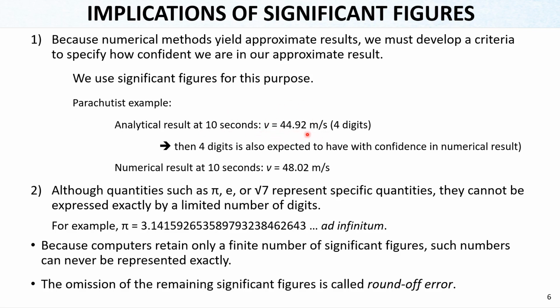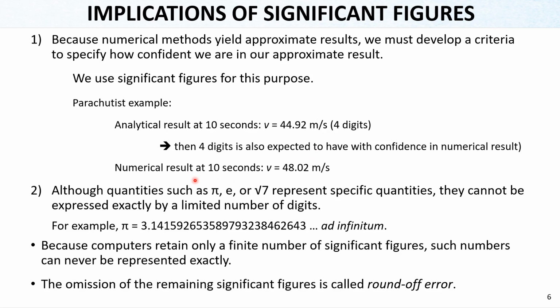And you can see that this gives 4 significant digits. So we can conclude that we are expecting to have with confidence 4 digits in the numerical result as well. Because in the analytical result we use 4 digits, in the numerical result we can use 4 digits as well.